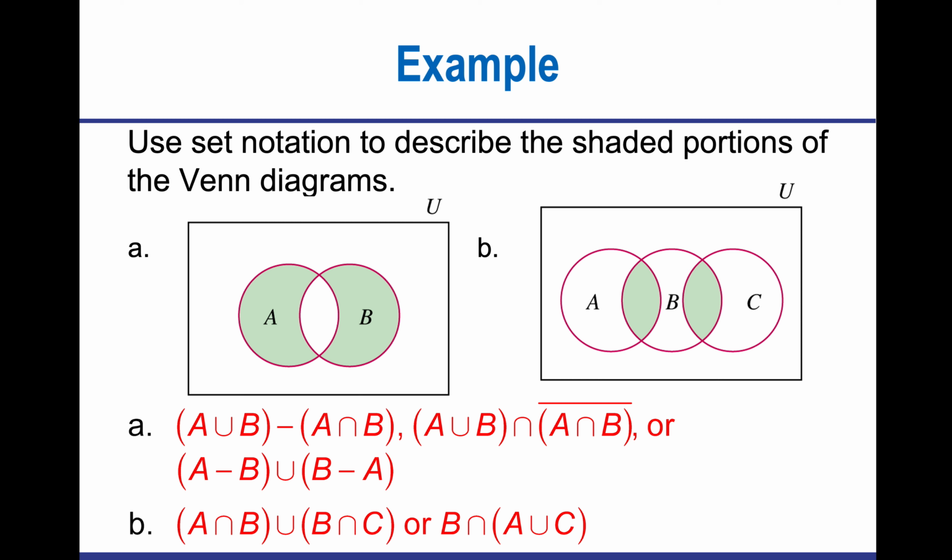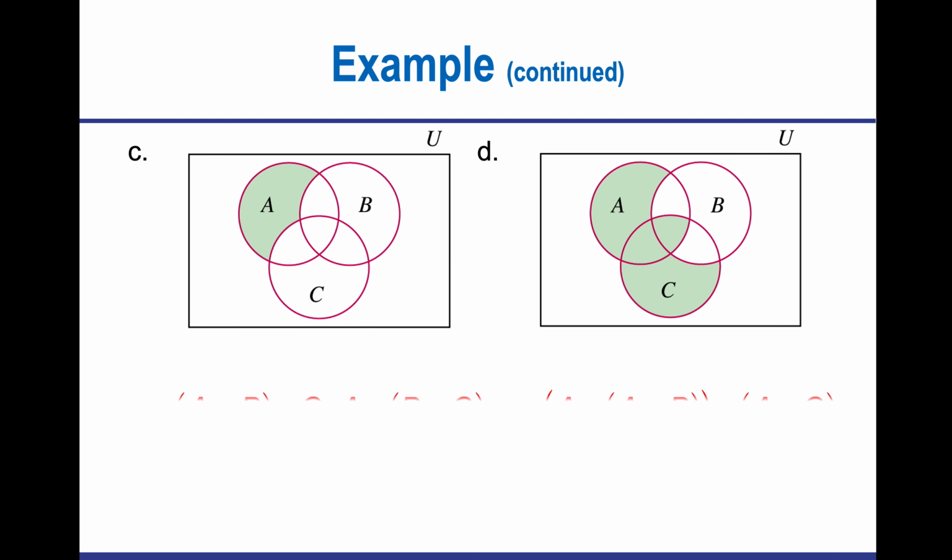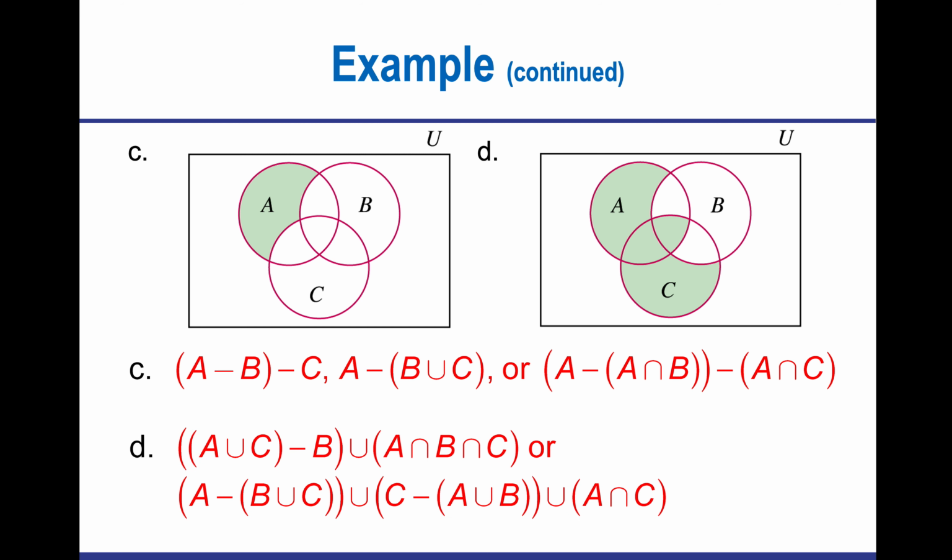So I can describe it solely as where they intersect. So where A and B is going to intersect with my B and C, or where B is going to intersect A and C. So here are some additional examples with images. These can be a bit tricky to get used to.